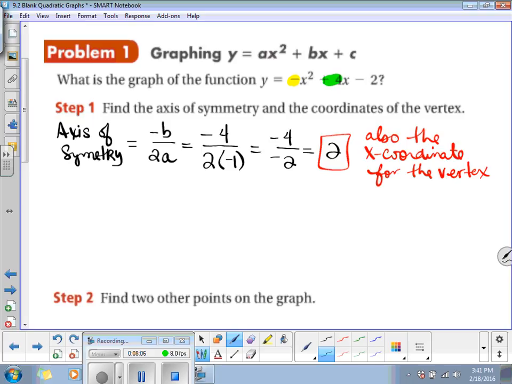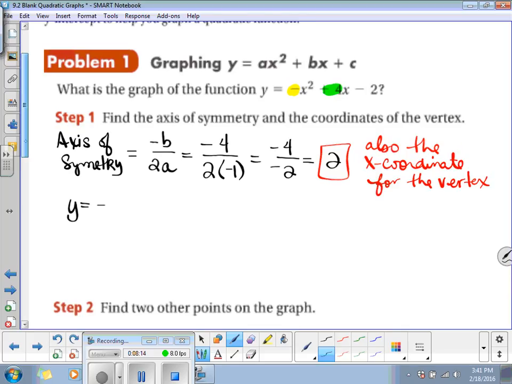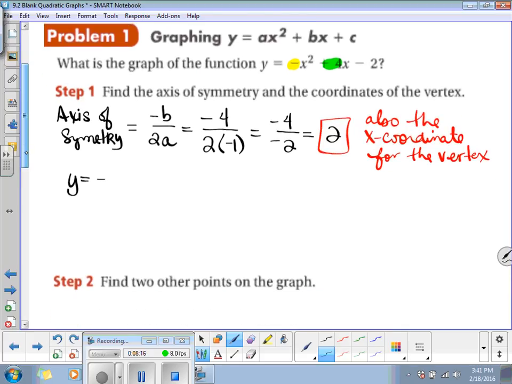Okay? So, let's see. Now we're going to find the y value. So we've got y is equal to negative 2 squared. Does everybody see I put parentheses here? So that exponent only goes to the 2, right? Or I could just keep the parentheses off. This is just to stress to you that it's only the 2 that gets squared. Okay? So negative 2 squared plus 4 times 2 minus 2.